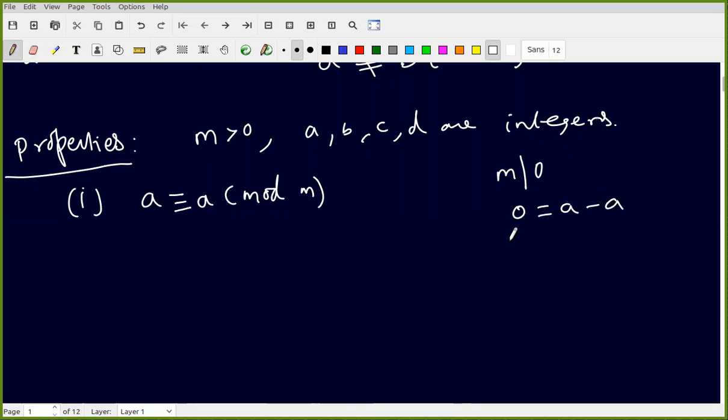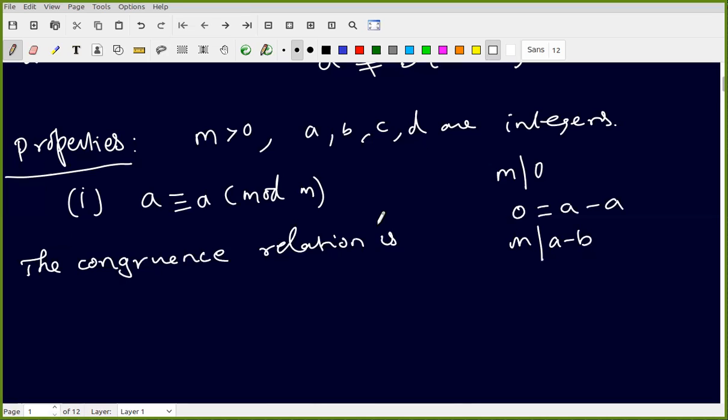So m divides a minus a. So a is congruent to a, so the congruence relation is reflexive.